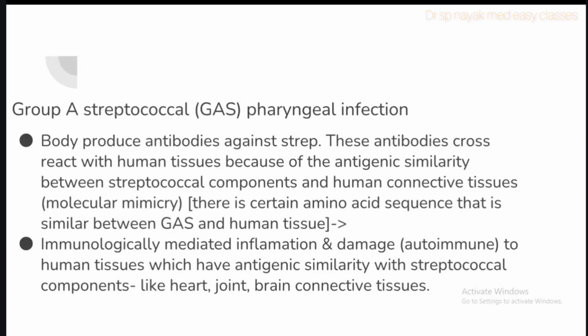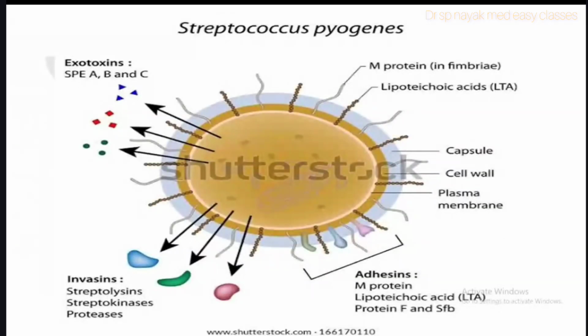The protein we are talking about, you can see in this photo of Streptococcus pyogenes: the outermost layer has filaments, M protein in fimbriae, and adhesins, M protein, lipoteichoic acid, protein F and SFB. This M protein and these things are present in heart, cardiac muscles, skin, joints, hyaluronic acid, and brain.